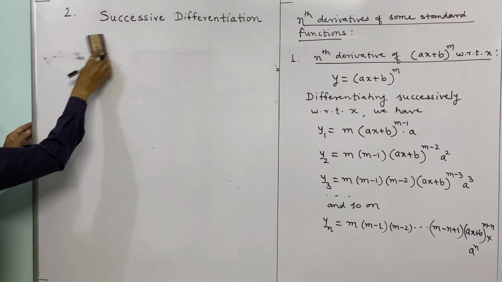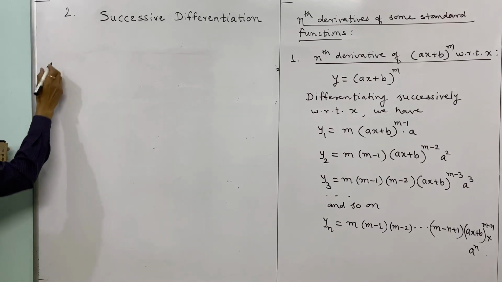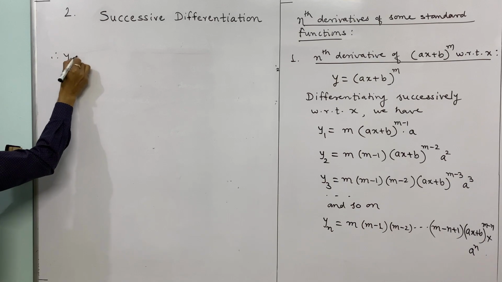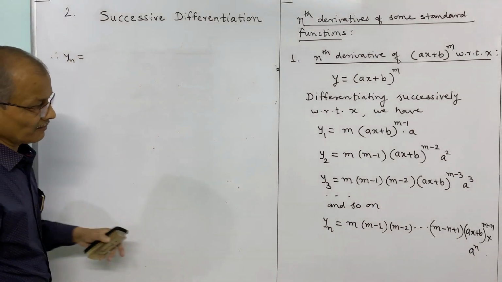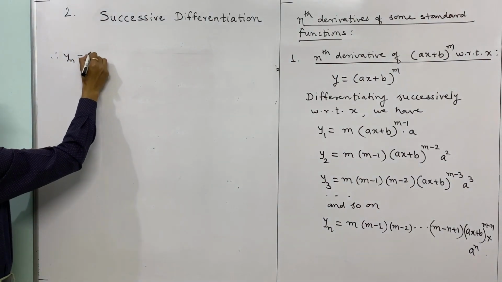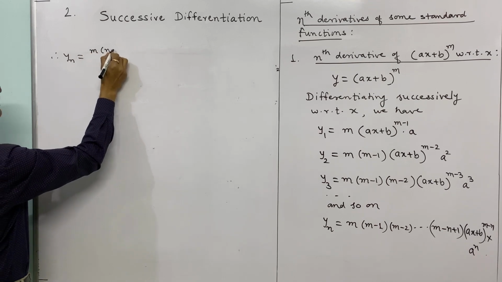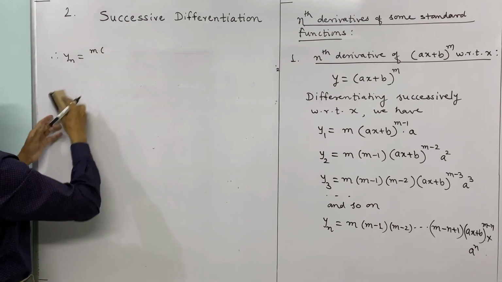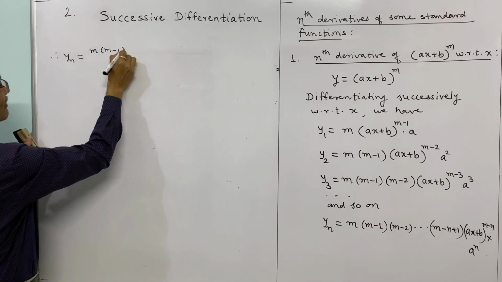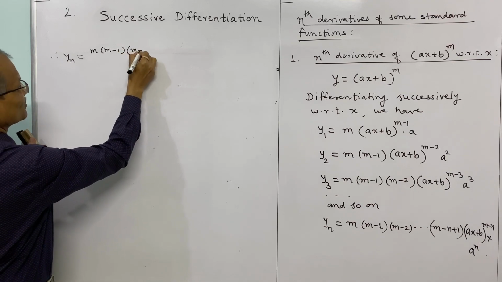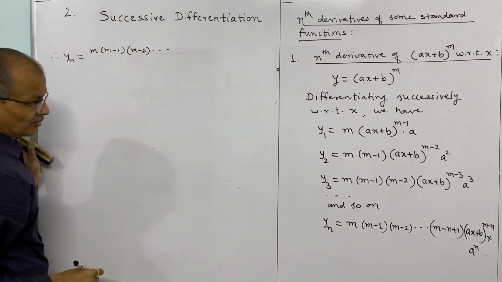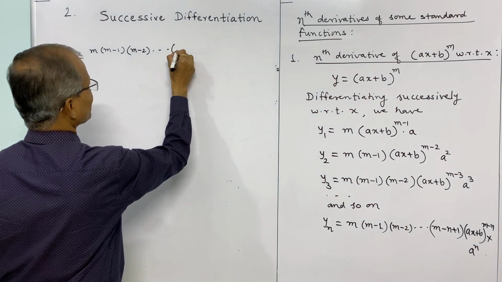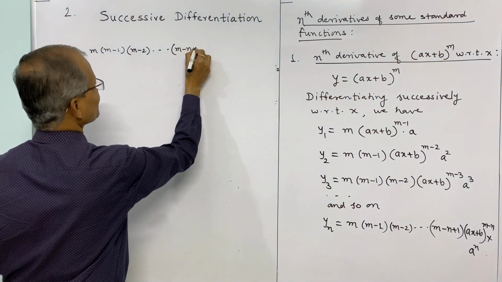I shall write yn as equal to m into m minus 1 and so on, m minus 2 up to m minus n plus 1.